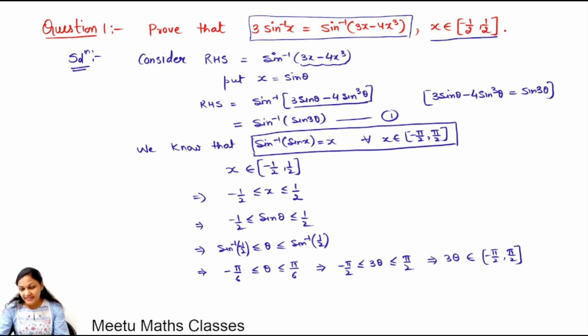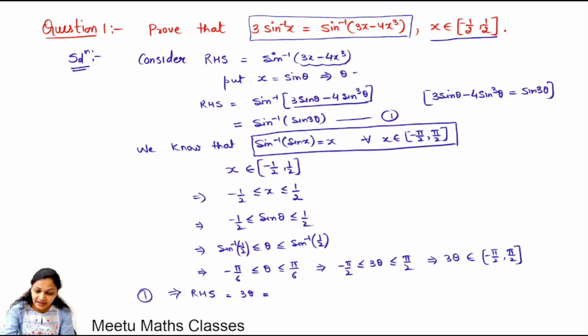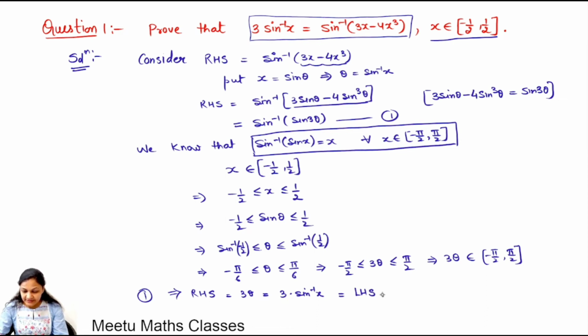Since 3 theta lies between minus pi by 2 to pi by 2, our right hand side is equal to 3 theta. And what is theta now? Theta can be written as sine inverse of x. So 3 times sine inverse of x, and that is your left hand side.